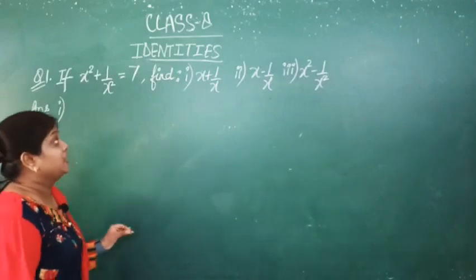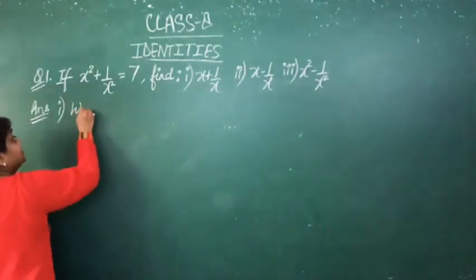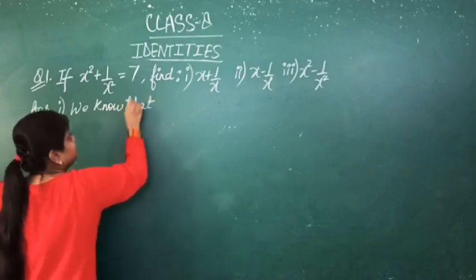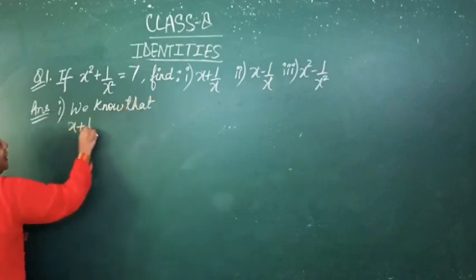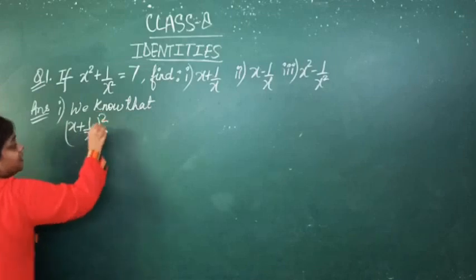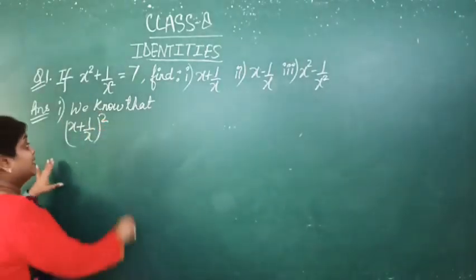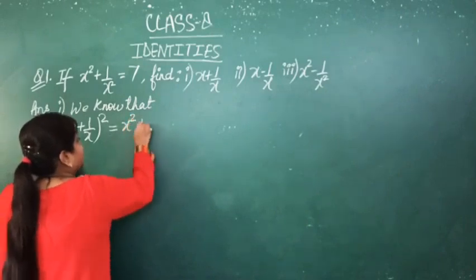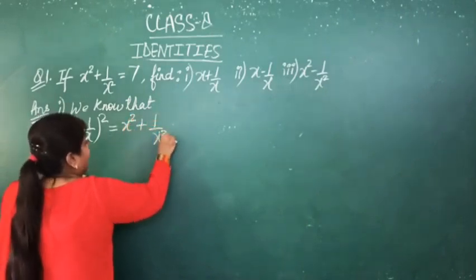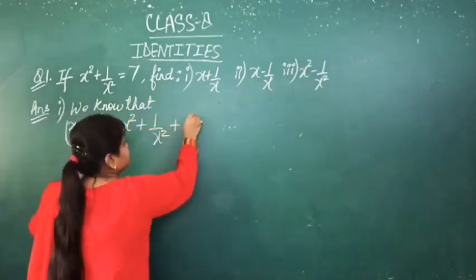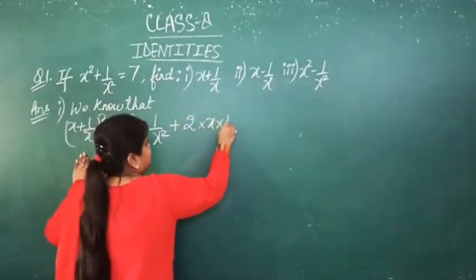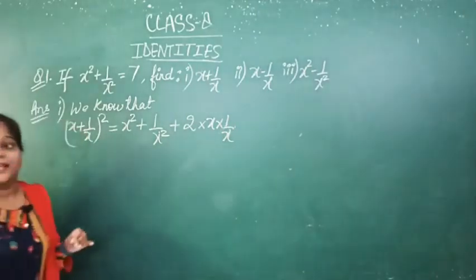For our first part, we know that x plus 1 upon x whole square is equal to x square plus 1 upon x square plus 2 into x into 1 upon x.